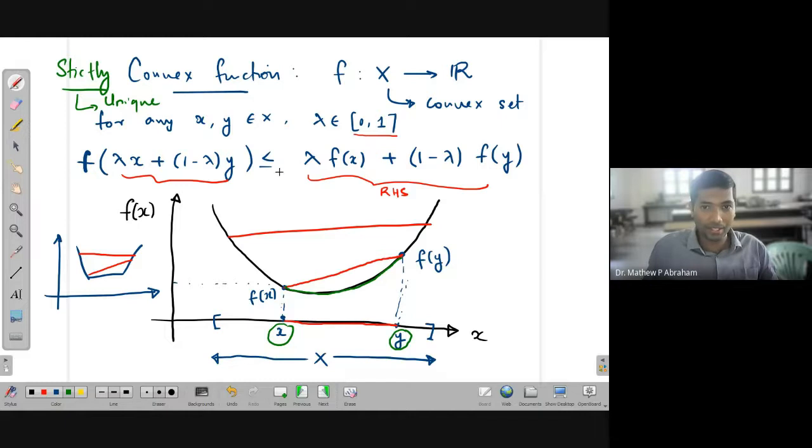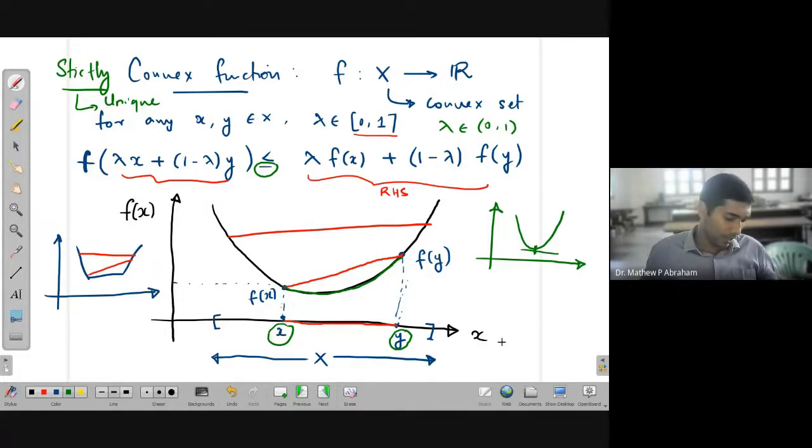The change that you require is the left side needs to be strictly less than the right side, and there is one more change: this lambda needs to be in the open interval 0 to 1. I'm not taking time to explain this, but you can refer to standard optimization textbooks to understand this. So this strictly convex function can only take this form, and it will have only a unique minimum.